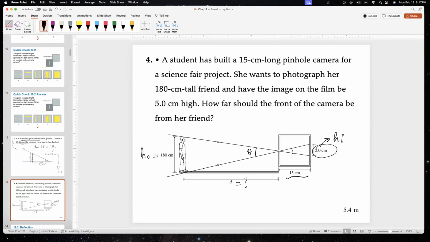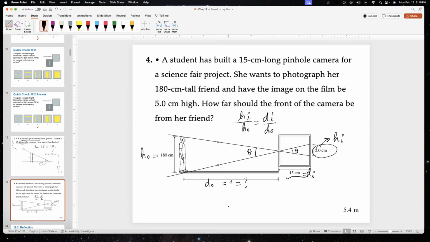I don't think I have this formula in your list of equations. You can put it in your note card, but anyway, it should be logical where it's coming from. So we want to find this one, which is essentially the D_O in that formula. And this is essentially the D_I in that formula, right?